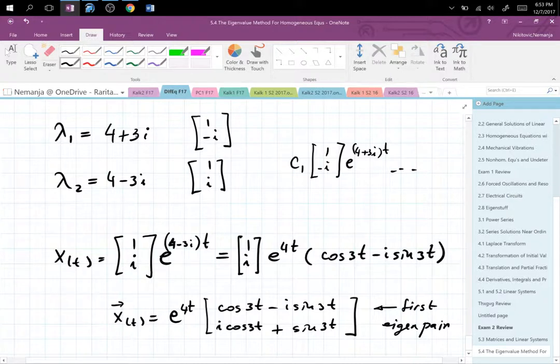So why is it a minus i sine? That's the form. Cosine 3t, yeah, I get that, but why is it a minus? Minus i sine 3t.